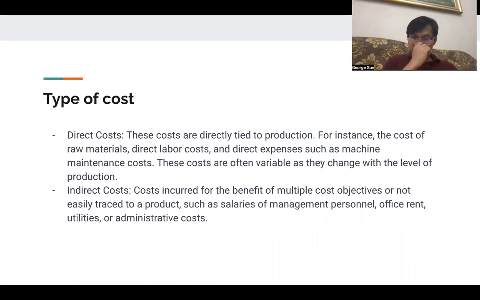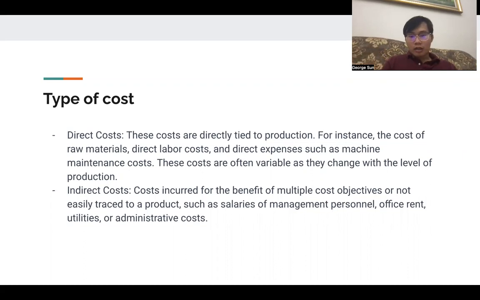Direct cost means, let's say I am running a car factory, and this is directly tied to my car production. Let's say the production of iron is the type of cost that I have to pay. That's a direct cost.